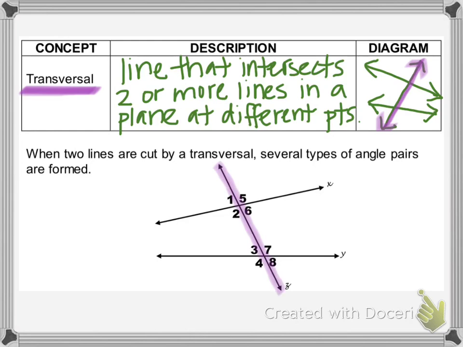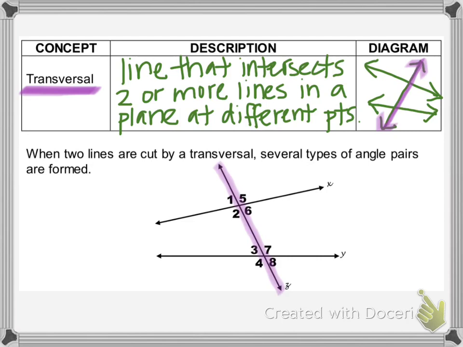And what happens when we have transversals is that it separates our picture into 8 angles and different regions. So we're going to talk about those. So the 8 angles we see, I see 4 in this area and I see 4 in this area. Okay, but we also have some regions. So let's talk about some of those regions.